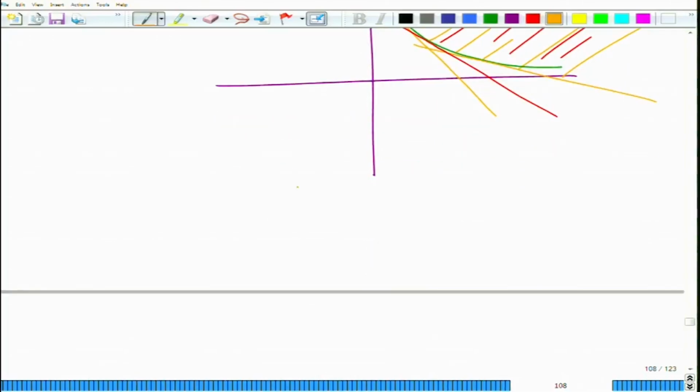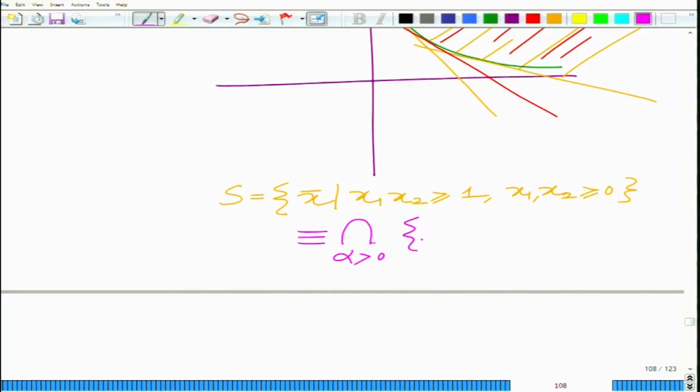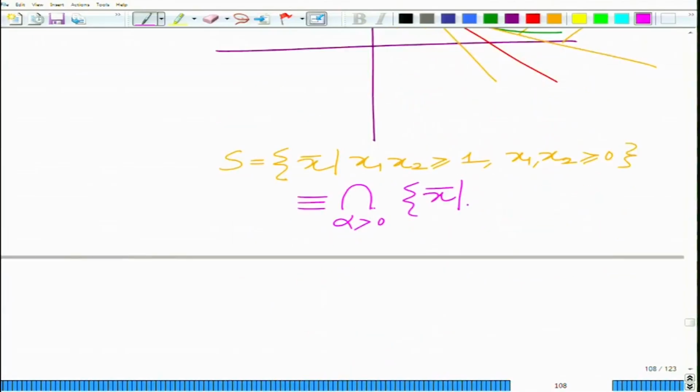So, if you look at the set of x bar such that x1 x2 greater than or equal to 1, x1 greater than or equal to 0, x2 greater than or equal to 0, this set is equal to the intersection over any point alpha greater than 0 of the sets of x bar such that alpha square x2 plus x1 greater than or equal to 2 alpha.